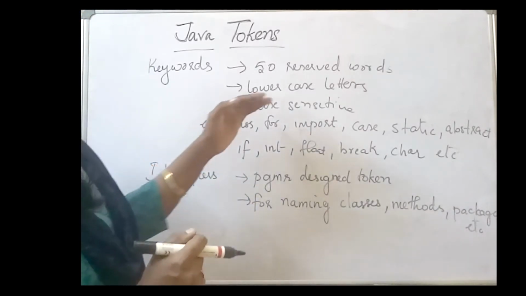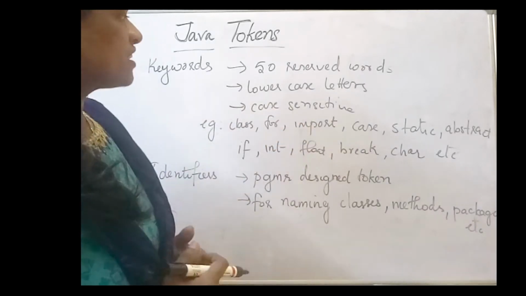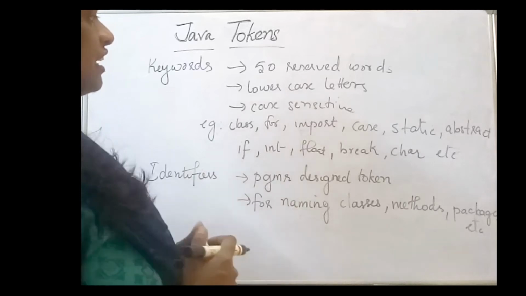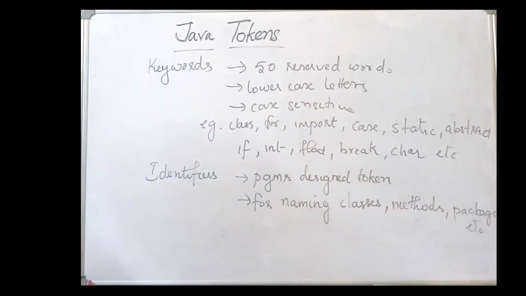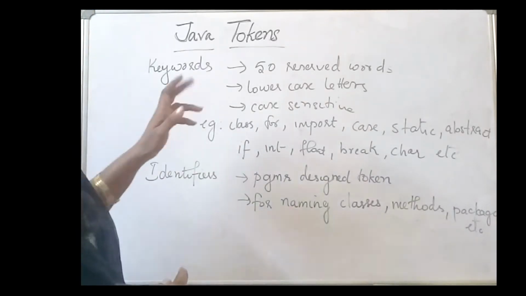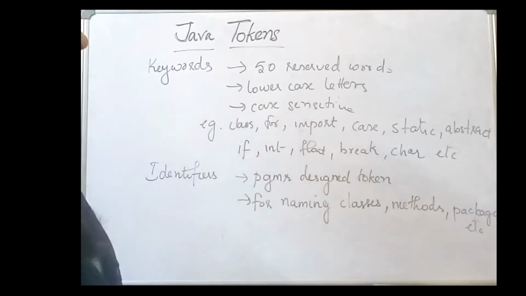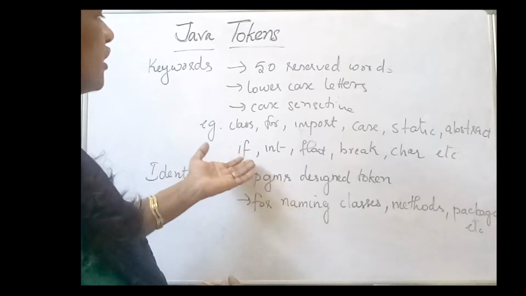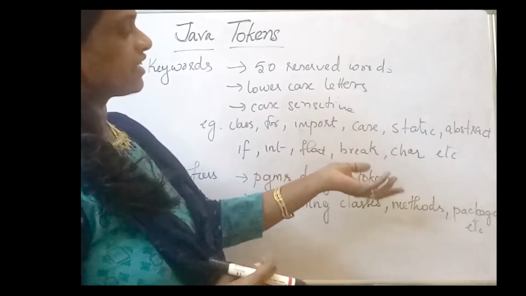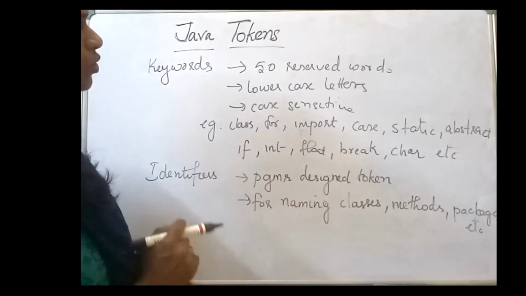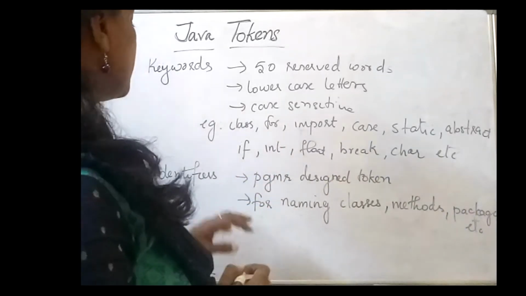That is case sensitivity, meaning uppercase and lowercase letters or words are treated differently. Some examples of keywords: class, for, import, case, static, abstract, if, int, float, break, character, etc. The complete list of keywords is given in the textbook, so you can refer to it.